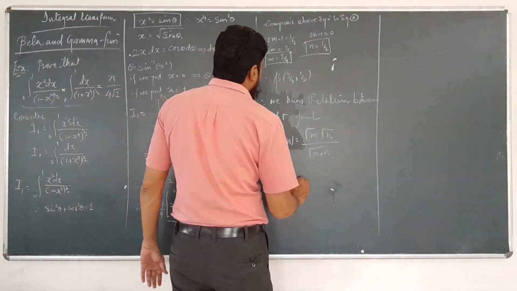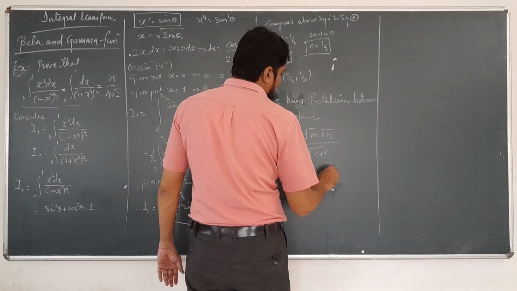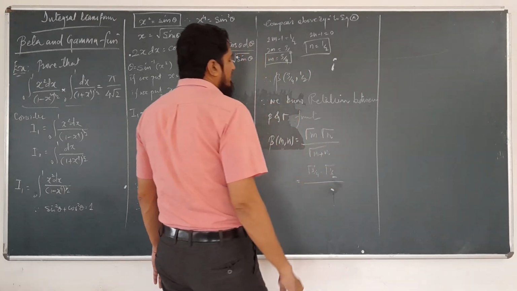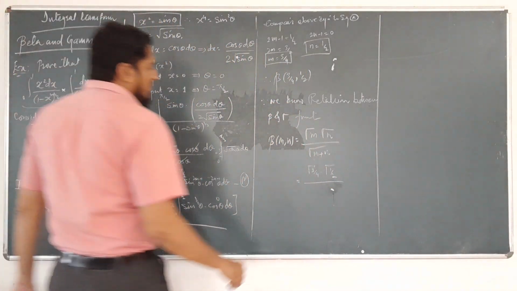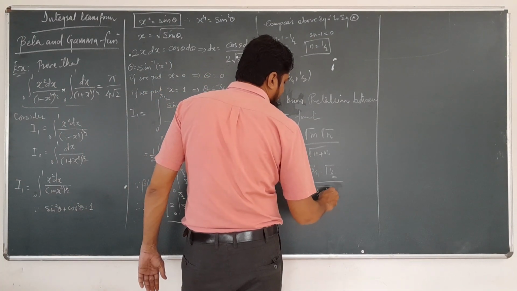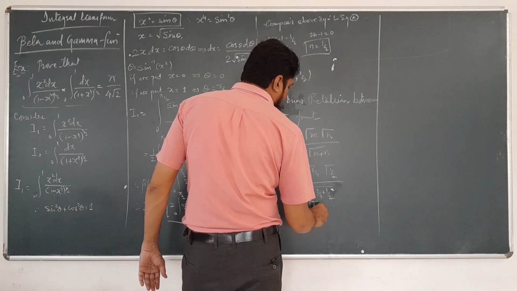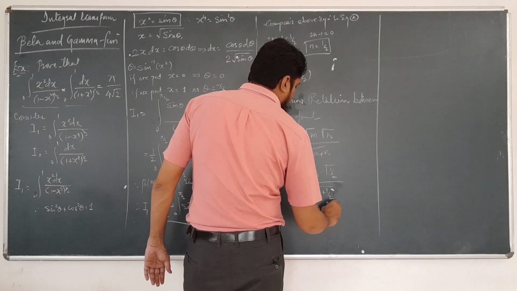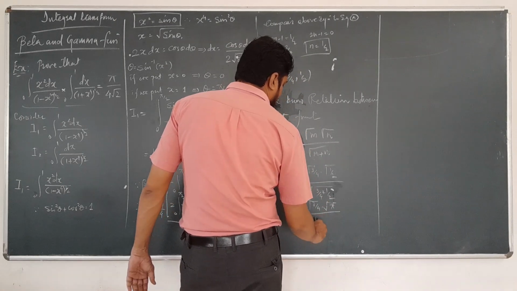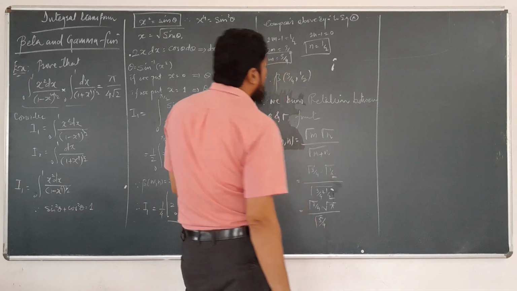We will get gamma 3 by 4 into gamma of 1 by 2, upon gamma of 3 by 4 plus half. We will get gamma of 3 by 4 into root pi, and it will give us gamma of 5 by 4. Correct?